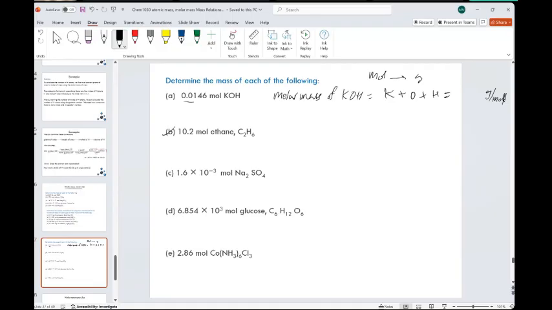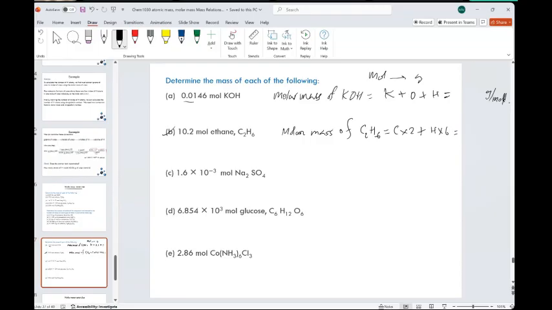Number B, same way, molar mass of C2H6. C2 means 2 carbon. C times 2 plus H times 6. So I know these values, I can find it now.